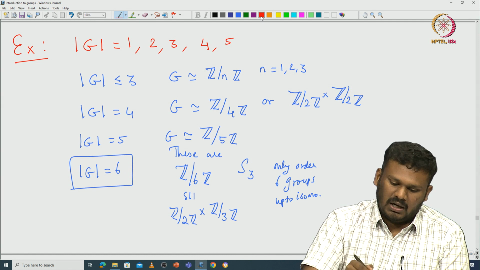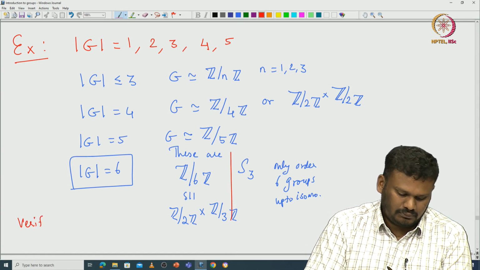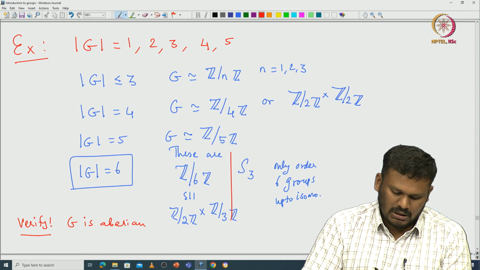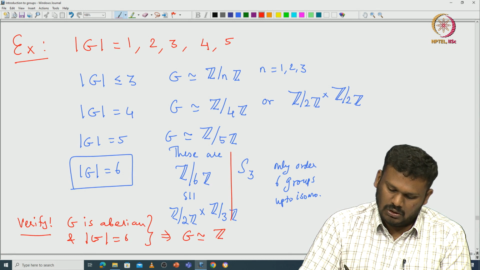I will only prove part of this, and I will leave it to you to verify the rest. So, if G is abelian, then the order of G is 6. So, that would imply G is isomorphic to Z modulo 6Z.